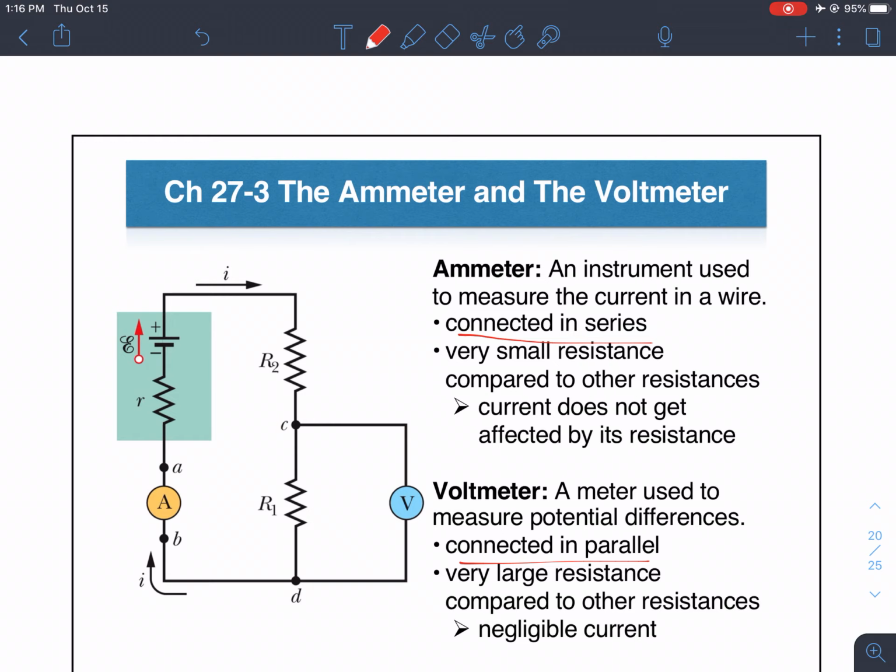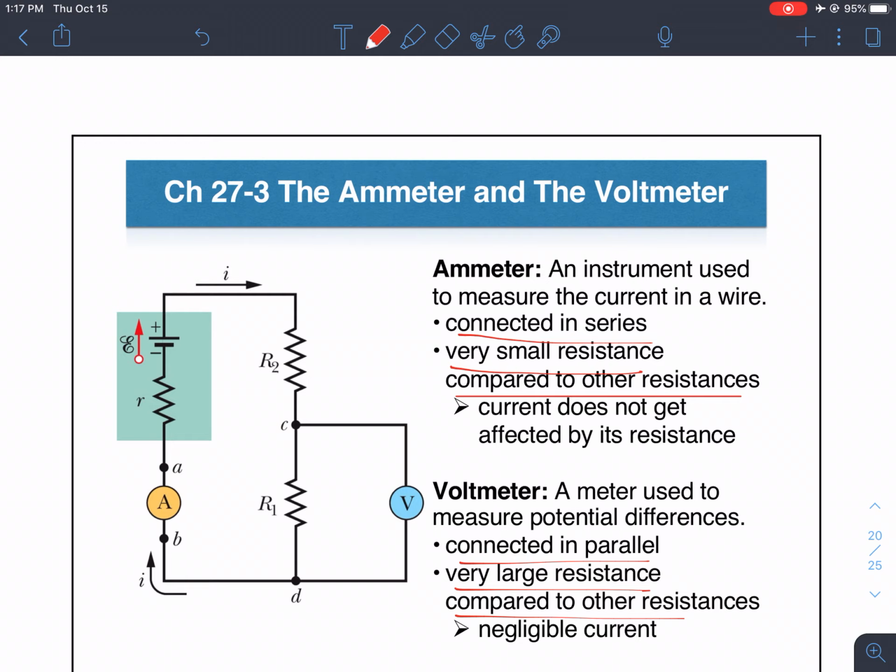And to not get much effect from the connections of ammeters and voltmeters, what we need is a very small resistance compared to other resistances for the ammeter, and you need a very large resistance compared to other resistances in the circuit for the voltmeter.